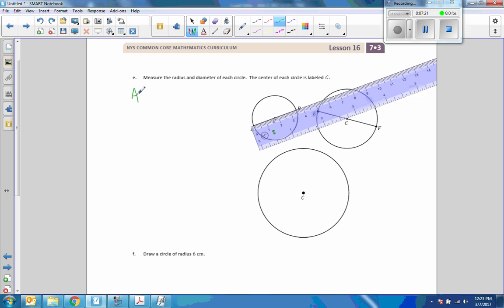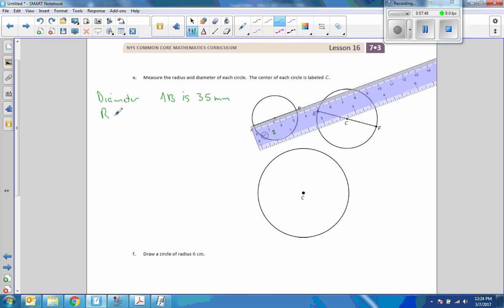So I'd say diameter AB, I should say. The diameter AB is 35 millimeters.